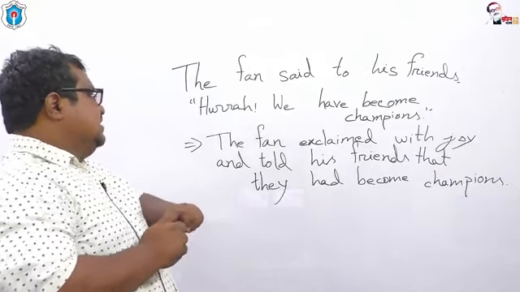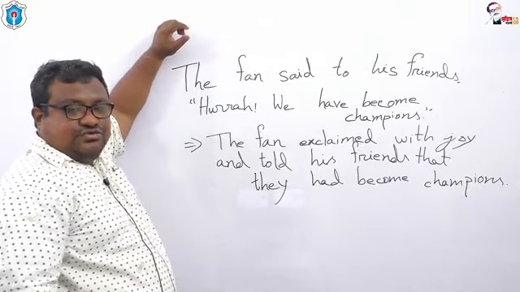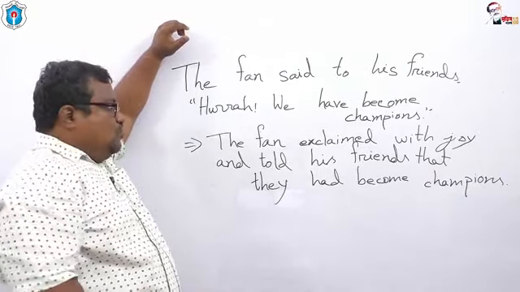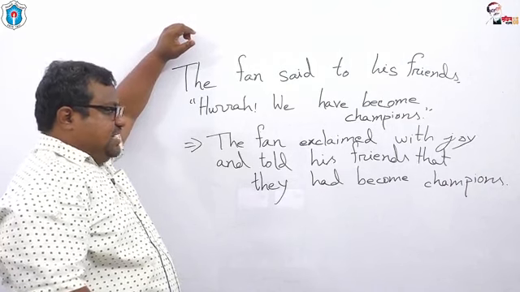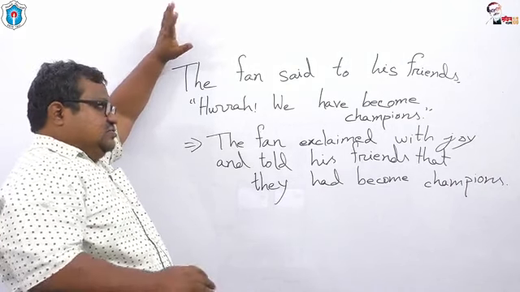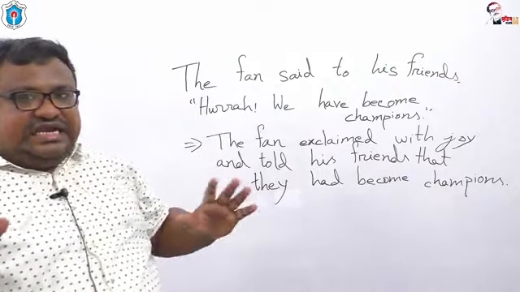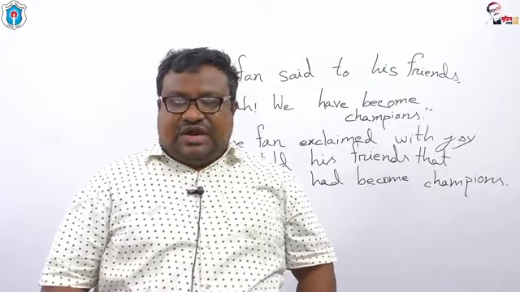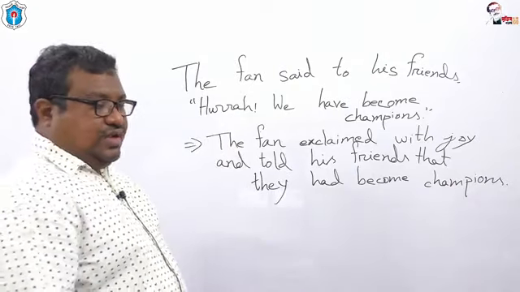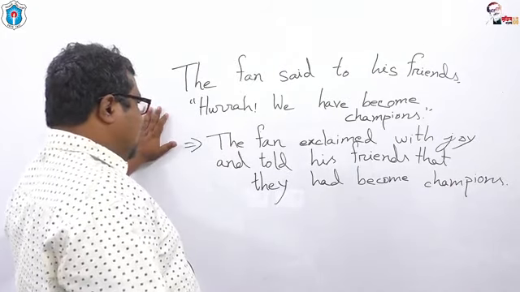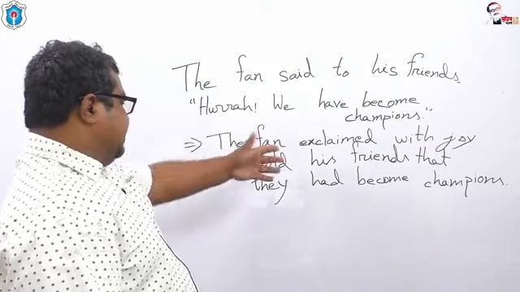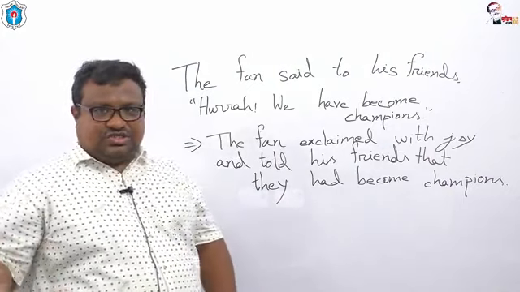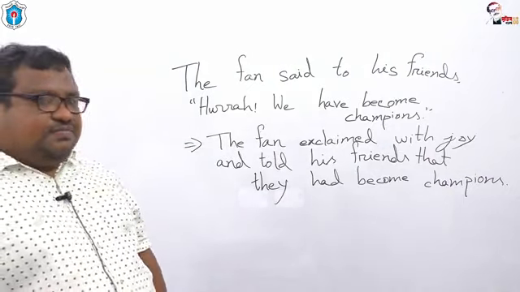Now, the fan said to his friends, "Hooray, we have become champions." So this is actually an exclamatory sentence. In case of exclamatory sentence, we are using this word, exclaimed with joy, or exclaimed with sorrow, or exclaimed with wonder.